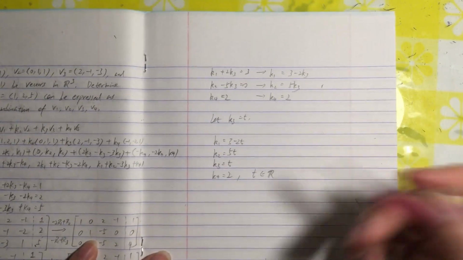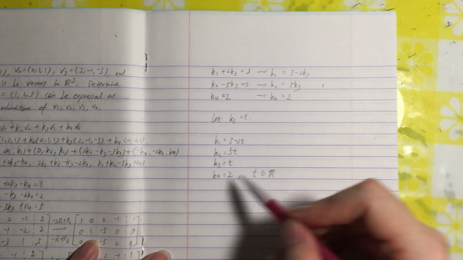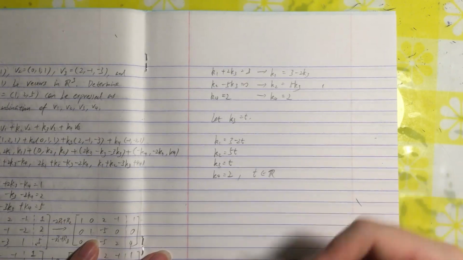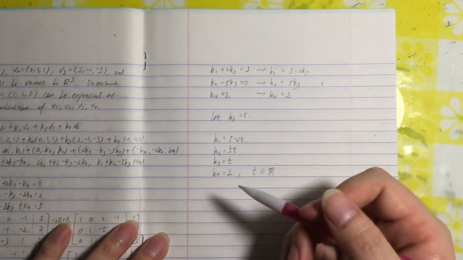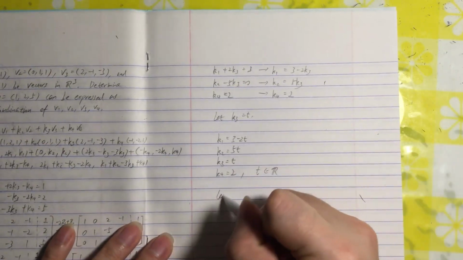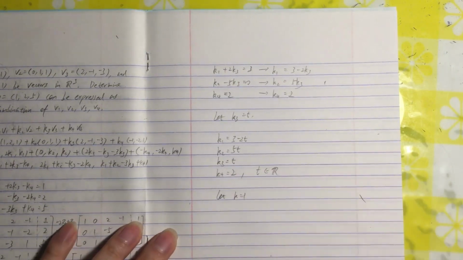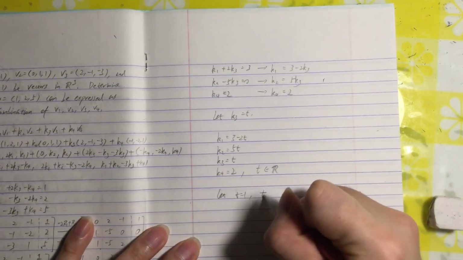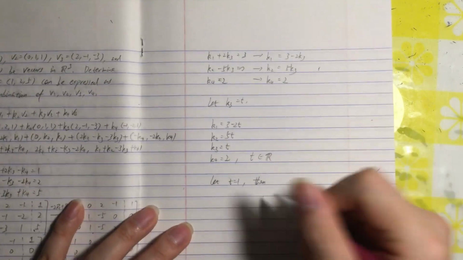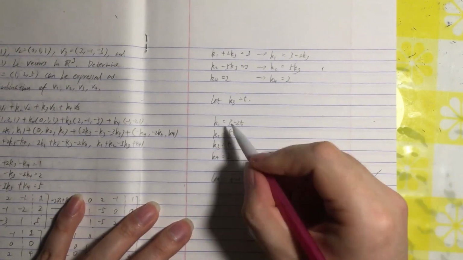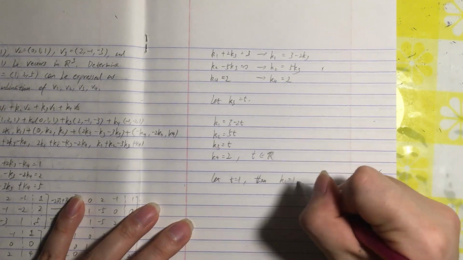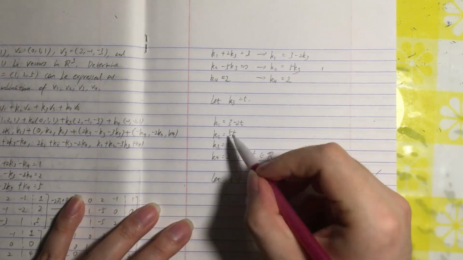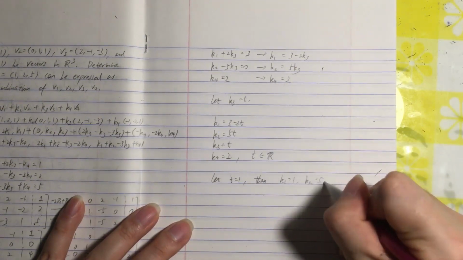So let's pick one solution. There are infinitely many solutions here. So if I let T equal to 1, then K1 equal to 3 minus 2, that's 1. K2 equal to 5 times 1 equal to 5.